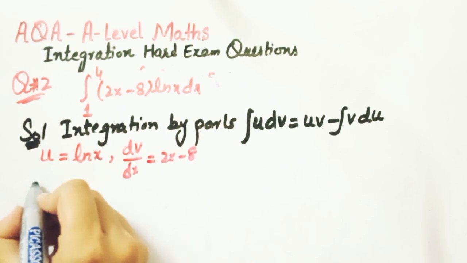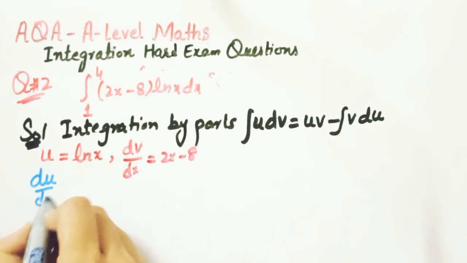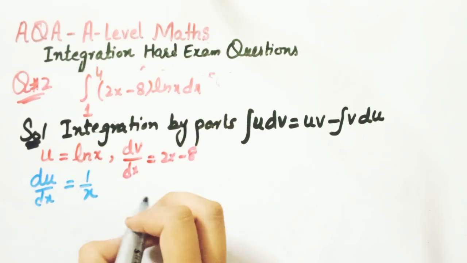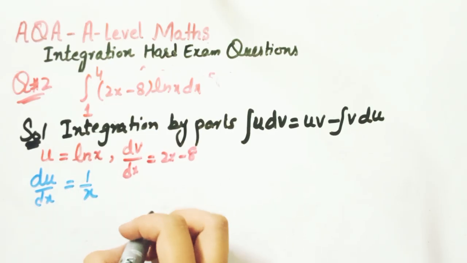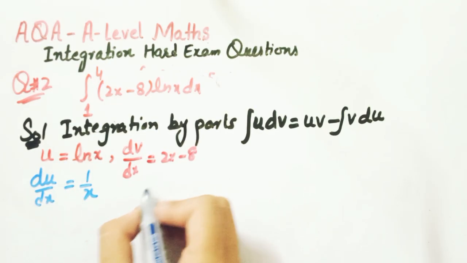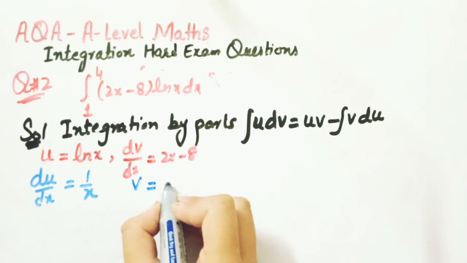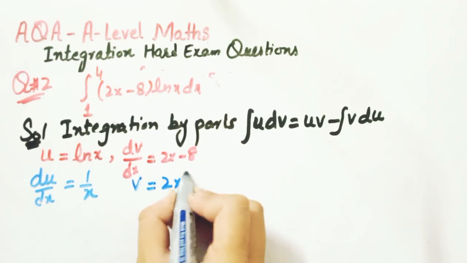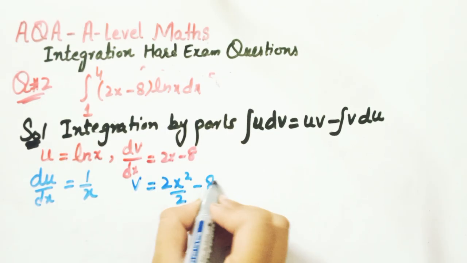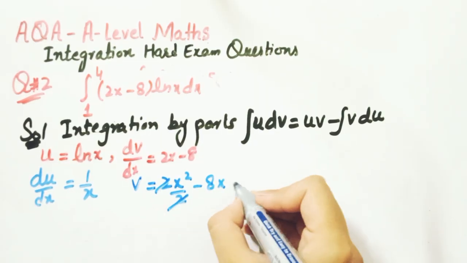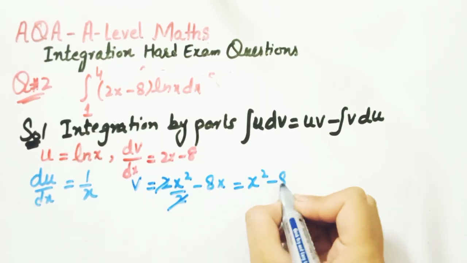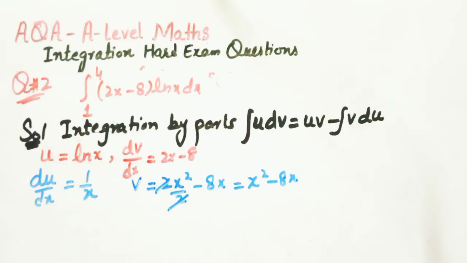Now du by dx is 1 by x and v will equal, by integration of this, 2x squared by 2 minus 8x. So v is x squared minus 8x.